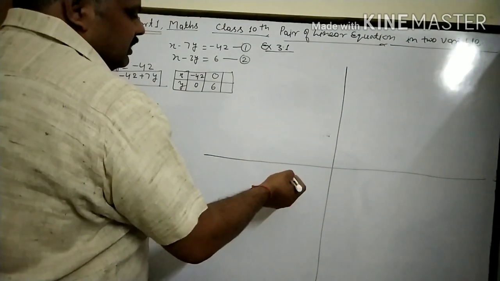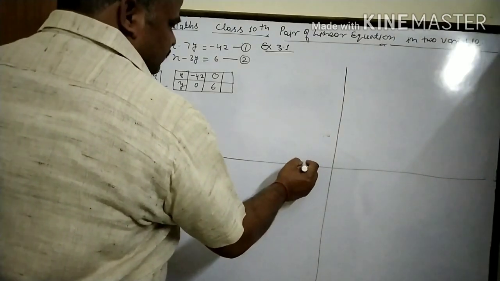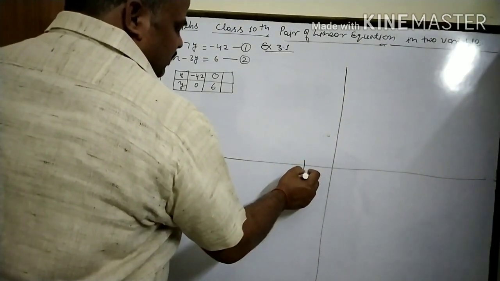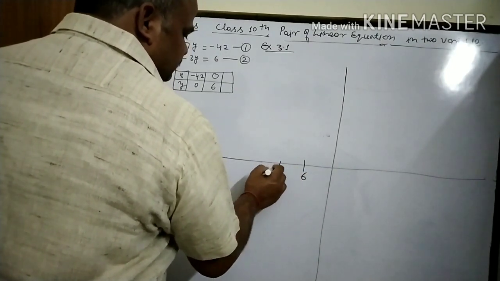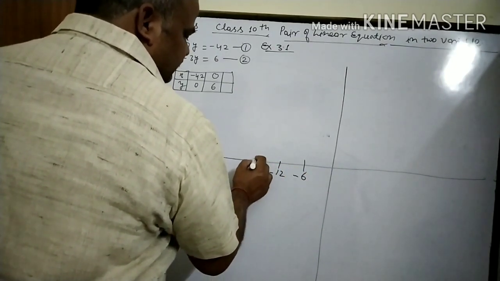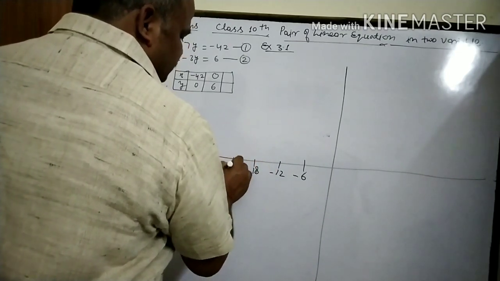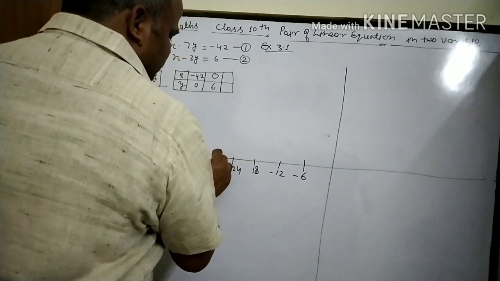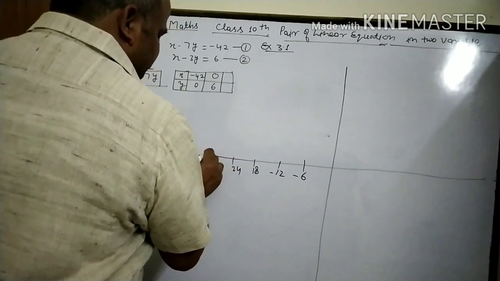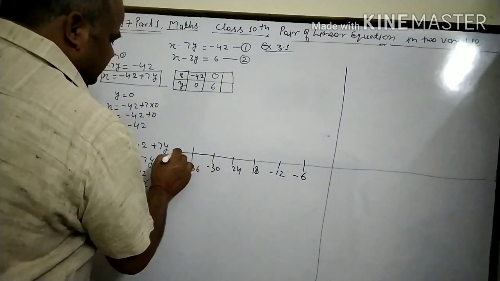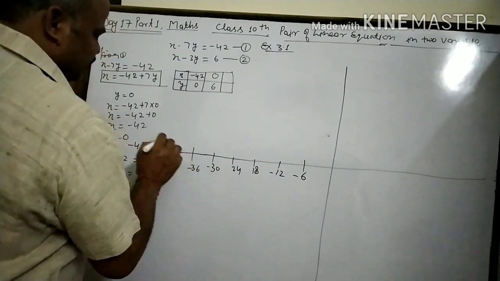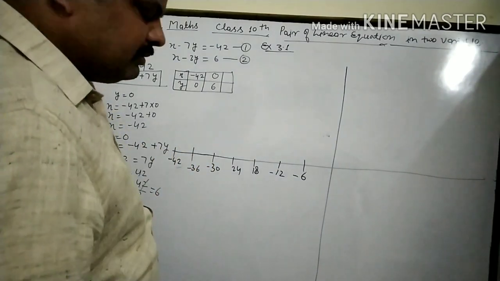Suppose here 6, 12, all are the negative sign, 18, 24, 30, 36, and this is the 42. Clear?